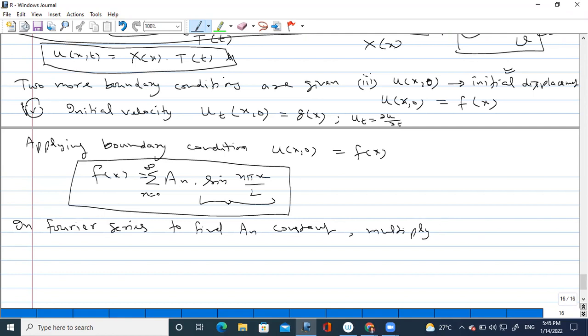So in Fourier series, to find the an constant, multiply this equation by sine n pi x by L on both sides, and then integrate it.